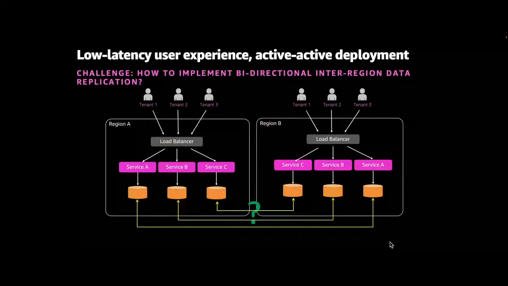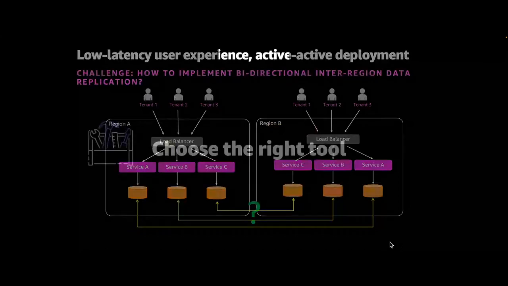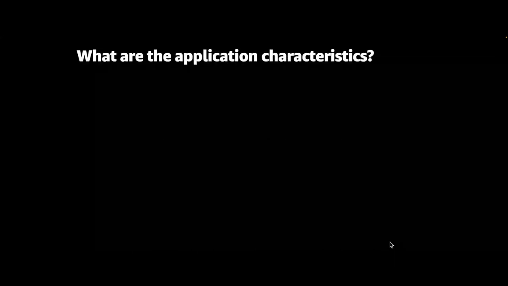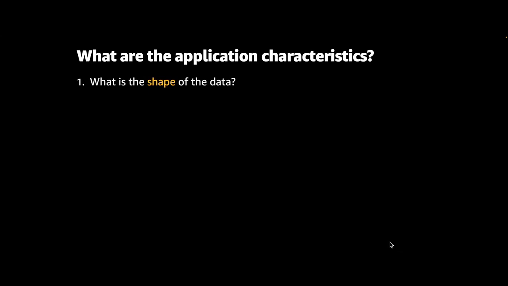First thing, as I just mentioned, you need to choose the right tool, right? And in order to choose the right tool, I just spoke about Aurora, RDS, Aurora Global Database, DynamoDB Global Tables as well. But first things first, we need to determine what is the shape of your data. Are we talking about NoSQL, key-value, relational database, a document database, a graph database? And on top of that, what are the application's access patterns?